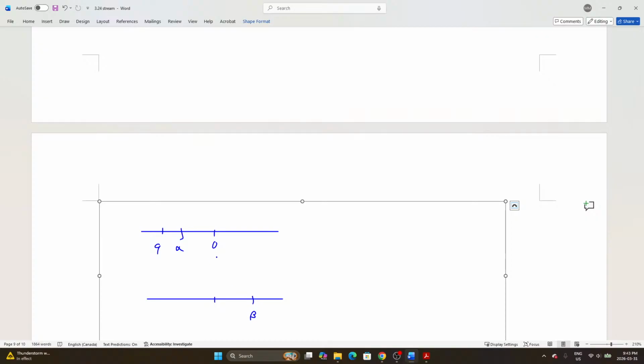So minus q is up here, and minus q should not be in beta.